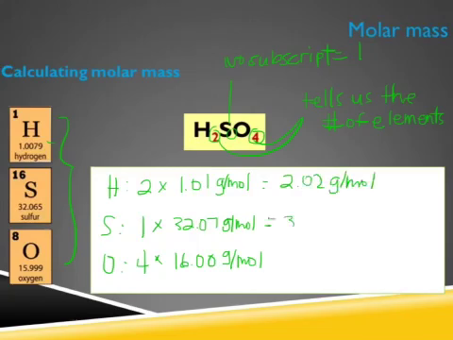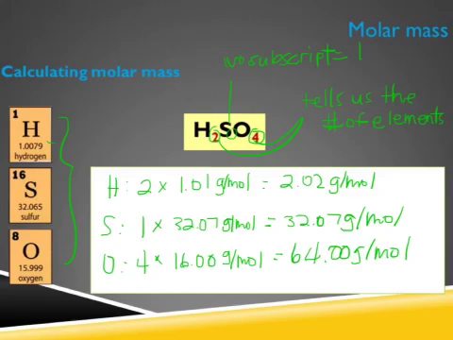Sulfur is 32.07 grams per mole. And oxygen is 64.00 grams per mole. Now that I have each one, my final step is taking the sum.